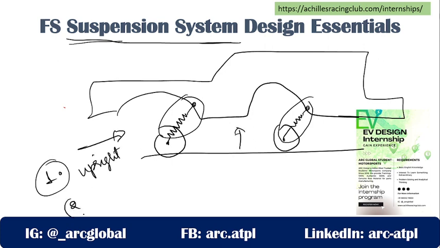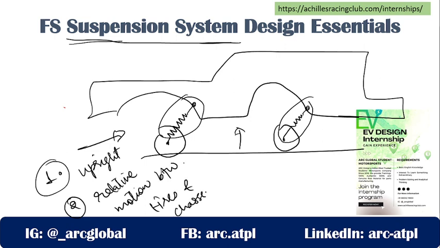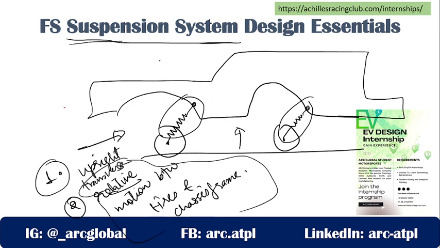Second is to cause a relative motion between tires and chassis frame. Okay, what type of relative motion? Transverse relative motion, vertical relative motion. So whenever I talk about this kind of suspension system, it is actually regarded as the active suspension system.